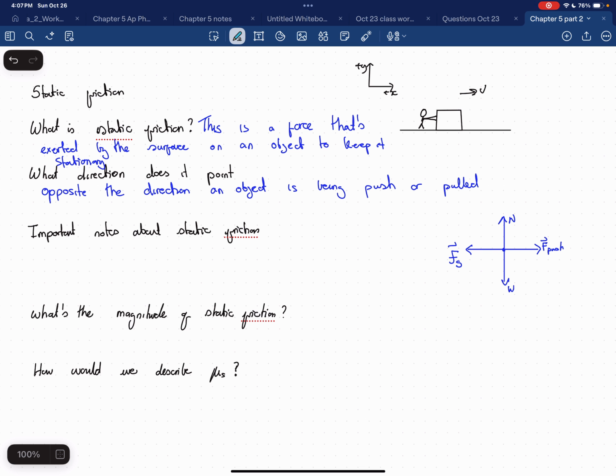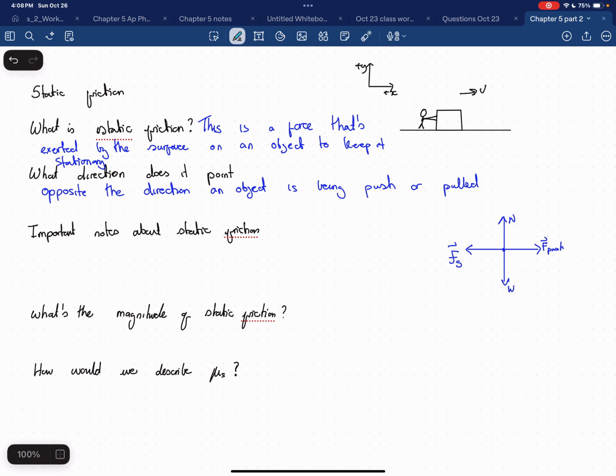All right, we have static friction. One important note about static friction is that it will always adjust itself such that the net force in the horizontal direction is 0. So we're kind of in an equilibrium a little bit.